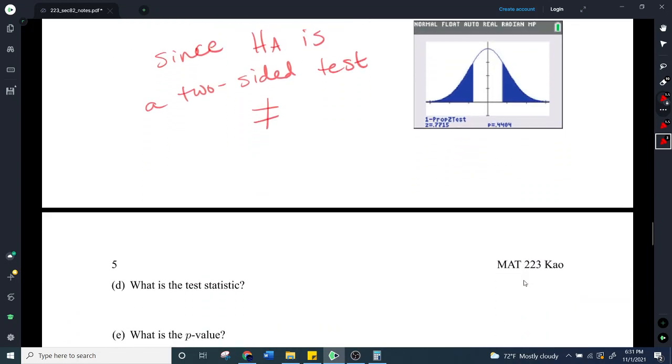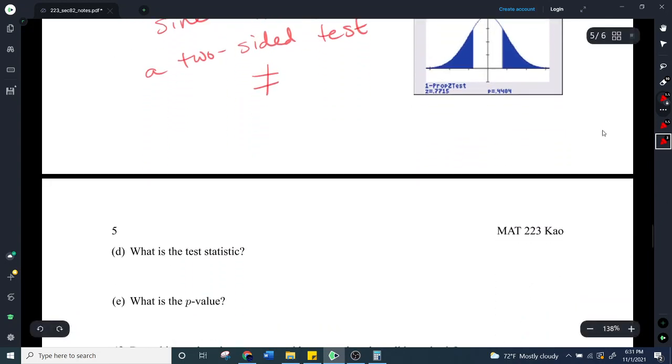The test statistic is given to me here in the screenshot, so z equals 0.7715. I'm just getting it from the screen right there.